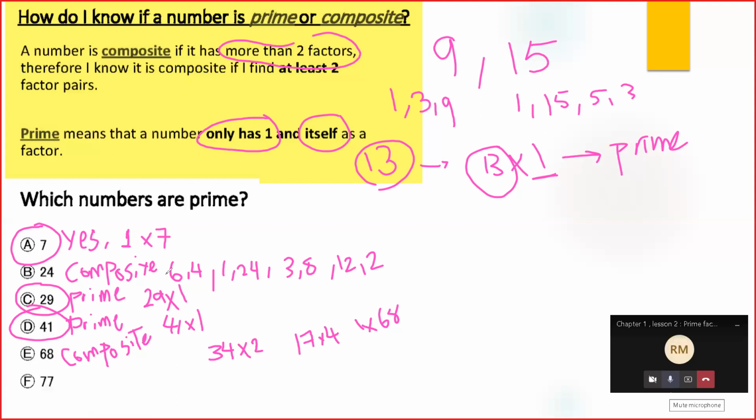Who wants to help me? Yes, Rudaina. 77. Is it prime or composite? Composite.